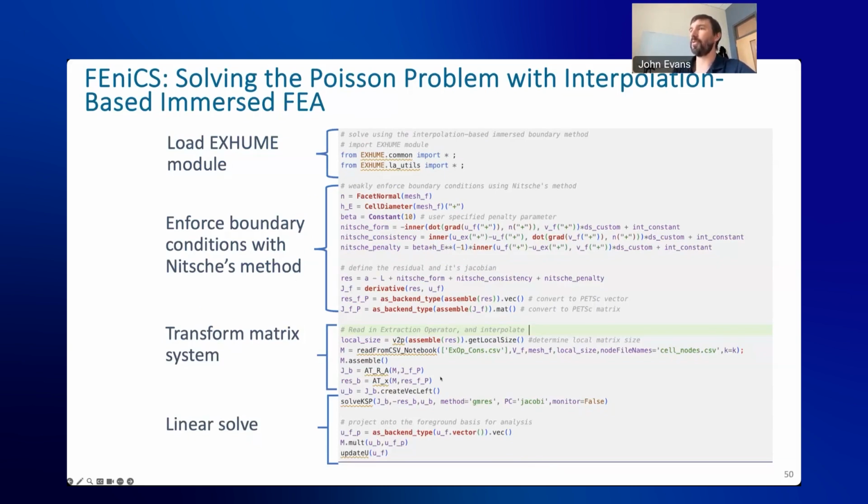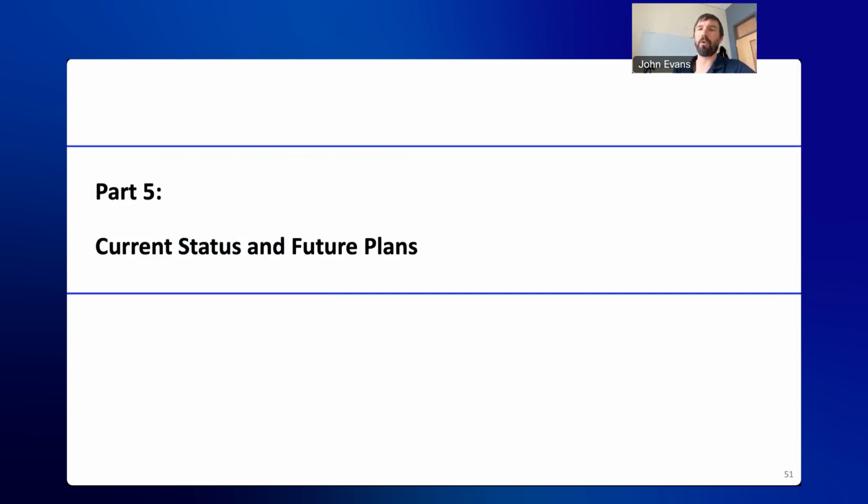Then you transform your matrix system and solve. So it just took a few lines of code to take this classical finite element implementation to an interpolation-based implementation. Okay. And I'm happy to answer more questions regarding that at the end of today's talk.